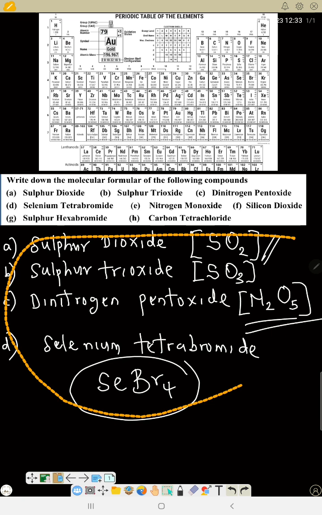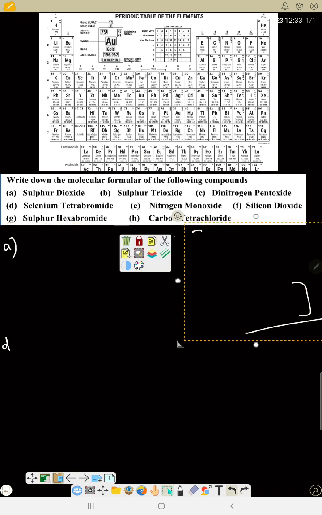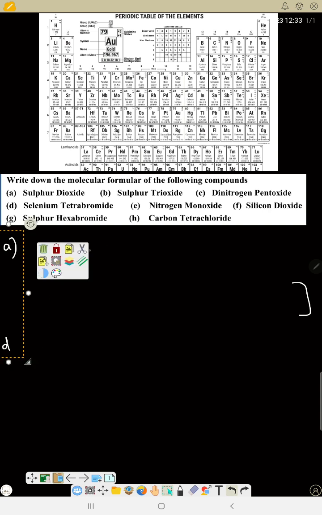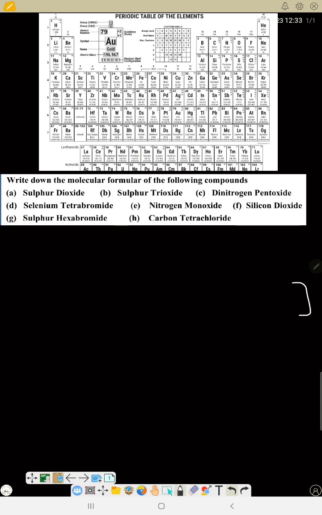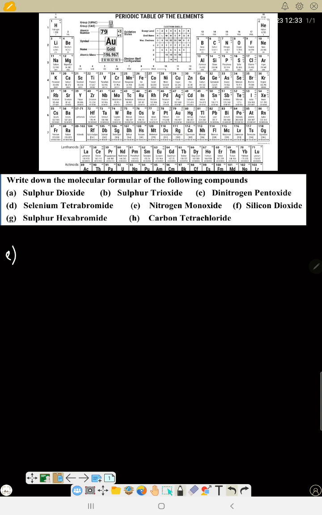So the next one, E. Nitrogen monoxide. You know it should be monooxide like this, but OO, just turn it to one O. So nitrogen mono: we can end with mono but we can't start with mono.